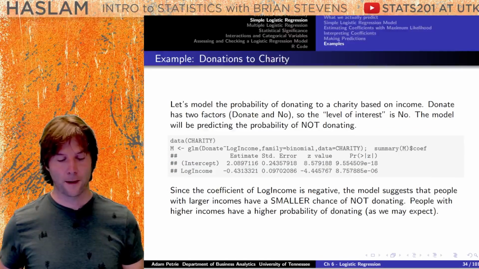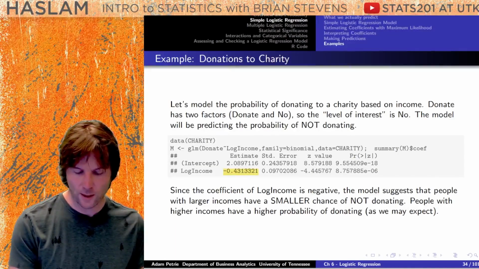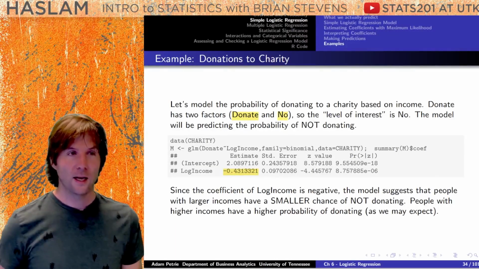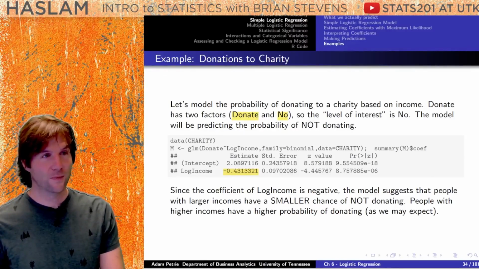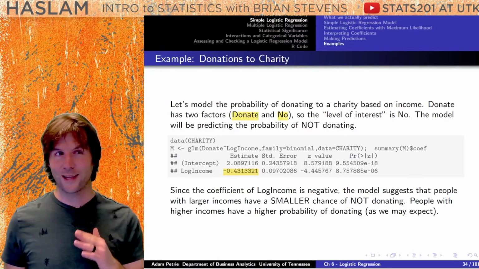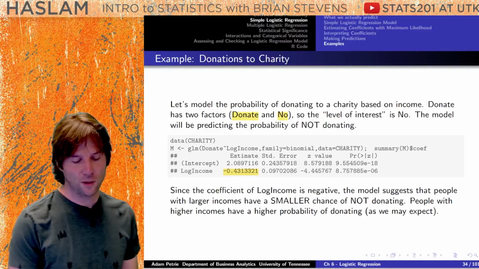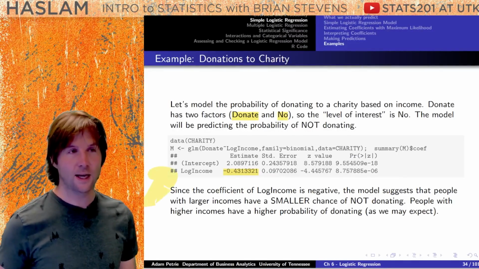We've got people donating to a charity right here. Notice it's sigmoidal down, and we have donate no. And so what is the level of interest? The level of interest is no, because no is last alphabetically, so we're predicting probability of donate no. And notice log income has a negative coefficient.